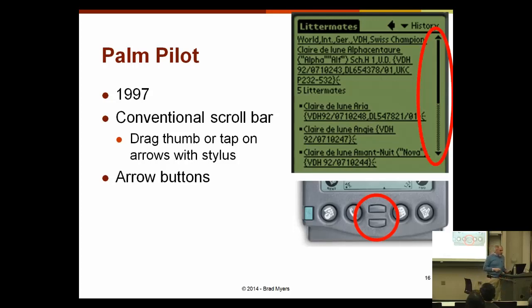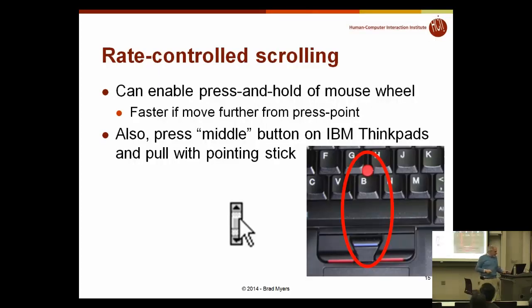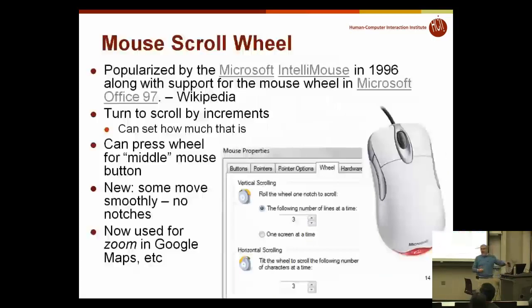Right. So it turns out in Windows, when they introduced this, in terms of how this actually works, Microsoft added to the operating system a new event. So instead of sending down arrow, it actually sends a scroll event. And it was up to the applications and the widgets to handle that.